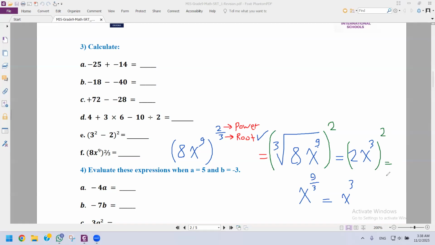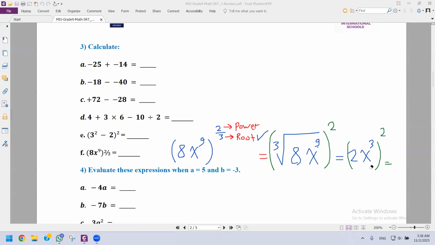Unfortunately, many students will say, okay, mister, it's easy. If I have power and another power, I will multiply them. So what is the answer? They will say it's 2x power 6 because 3 times 2 is 6. Unfortunately, this is wrong. Why is it wrong?